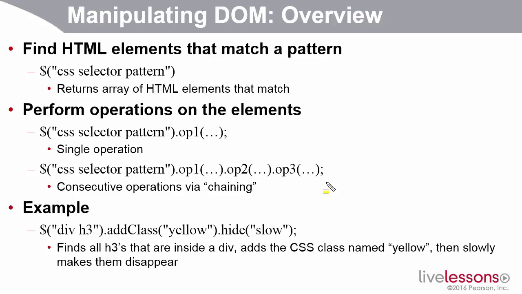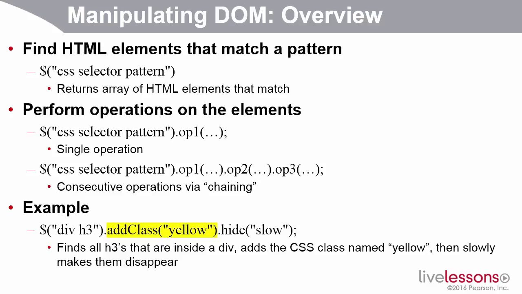Okay, so here's a quick example of chaining. We know from our lecture on CSS that that highlighted pattern means find all H3 elements in the page that are inside divs. Not necessarily directly inside, but inside divs somewhere. And then the first thing says, add a CSS class name called yellow. Now, jQuery doesn't predefine any CSS class names.